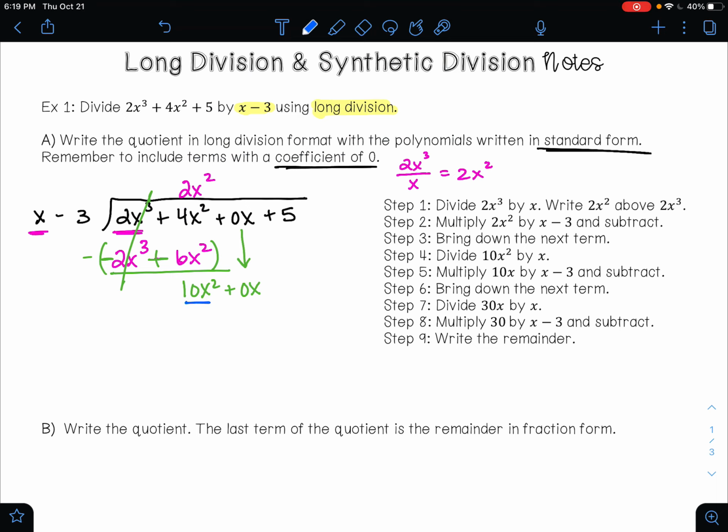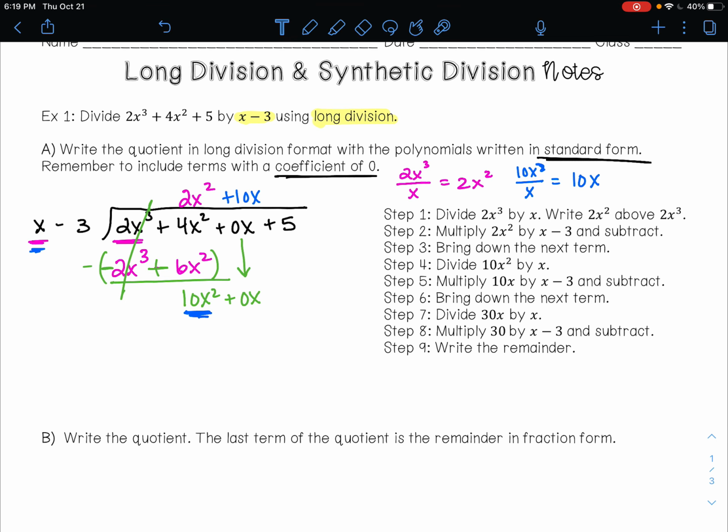I'm going to take 10x squared and divide it by x. 10x squared divided by x is just 10x, so I'm going to write plus 10x. 10x times x is 10x squared. And 10x times negative 3 is negative 30x.